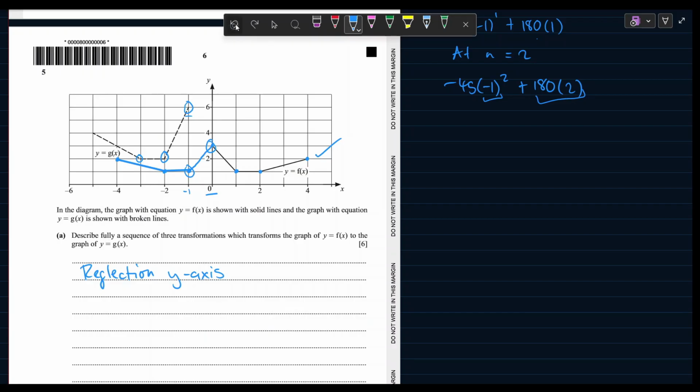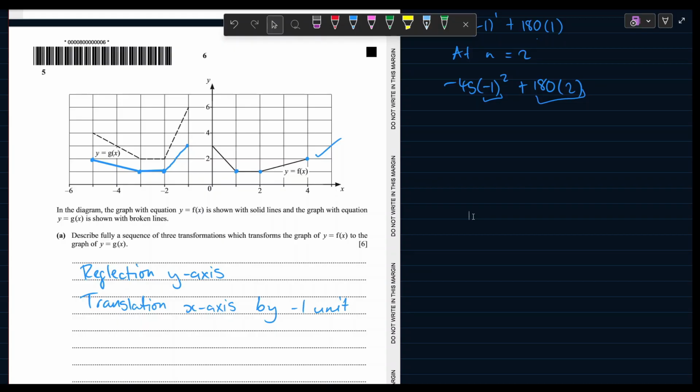So essentially what this means is that we have to translate our graph in the x-axis by negative 1. So translation in the x-axis by negative 1 unit. Okay, so we need to shift our whole graph by negative 1 unit. All right, so now the shift is done.